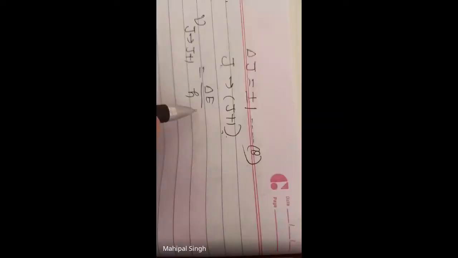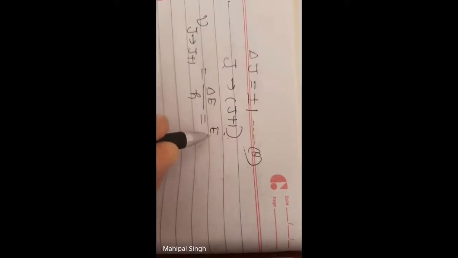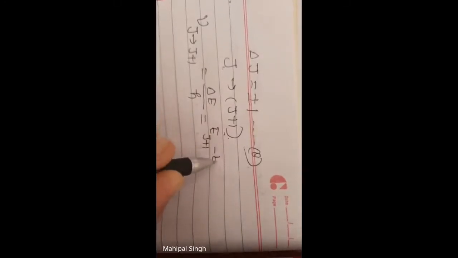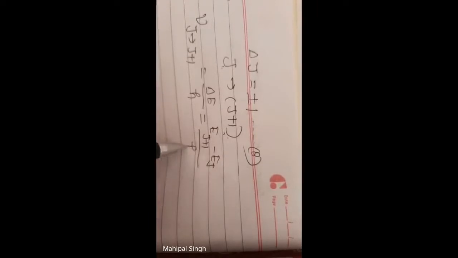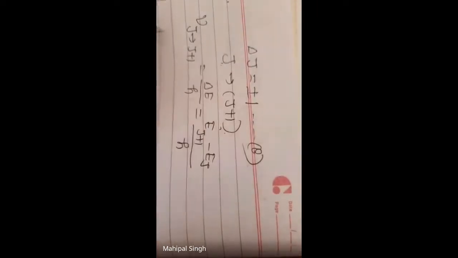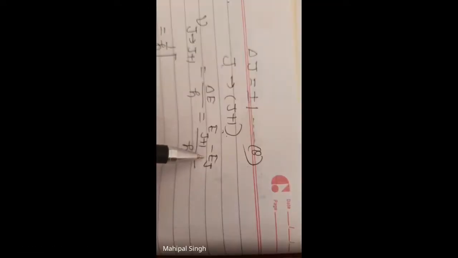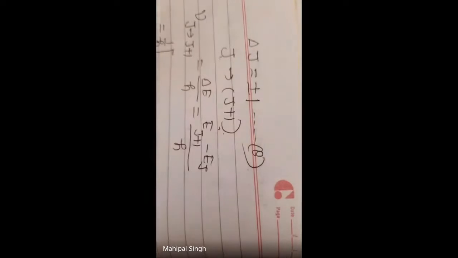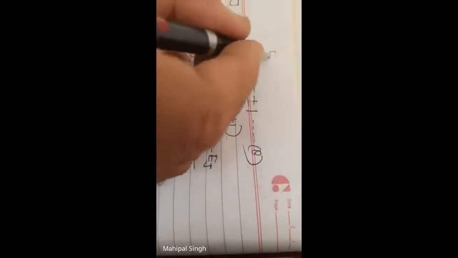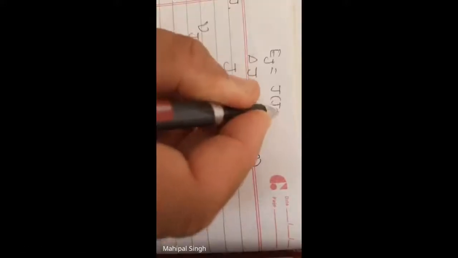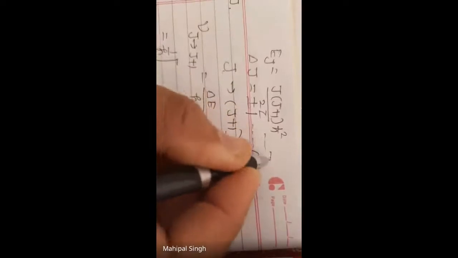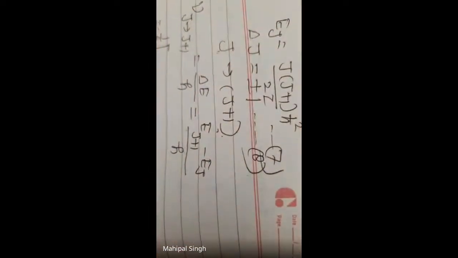Delta E can be written as E(J+1) minus E(J) upon h, or equal to 1 upon h. We can put the values of E(J+1) and E(J) from here, as we know that E(J) equal to J(J plus 1) h cross square upon 2I. This was equation number 7 in the previous lecture.